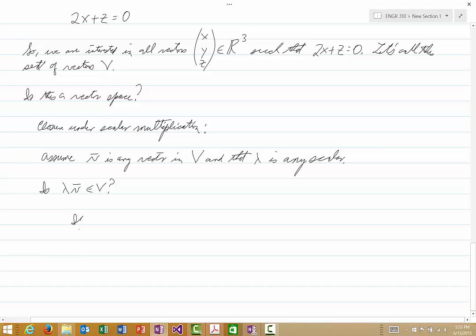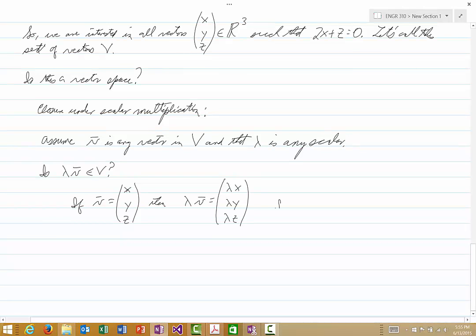If V is equal to the vector with components x, y, z, then lambda V is the vector with components lambda x, lambda y, lambda z. And now we want to ask, is lambda V in the set V?